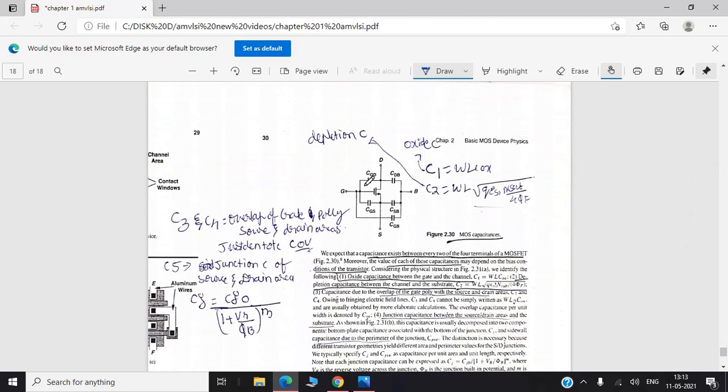See, this is the device. When this device is connected between the input and the output, this is the drain, this is the source, as you can see in the diagram here.